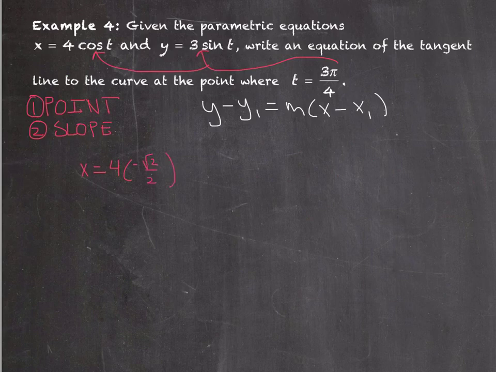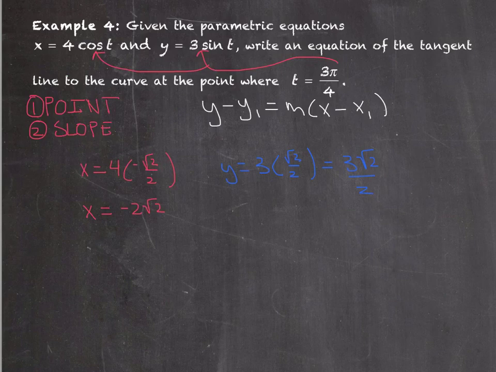So that's just going to be negative 2 root 2. So that's my x. And my y is going to be y equals 3 sine of 3 pi over 4, which is going to be root 2 over 2 again. So the y is going to be 3 root 2 over 2. All right? And so now we've got our point, and now we need the slope.